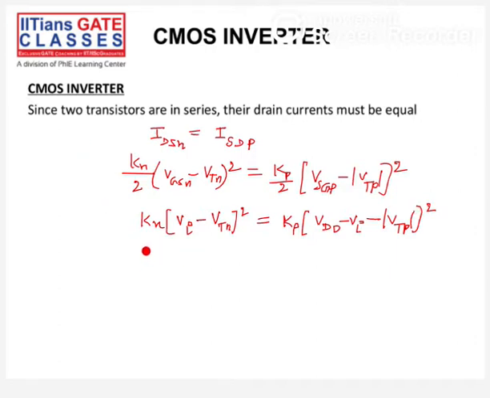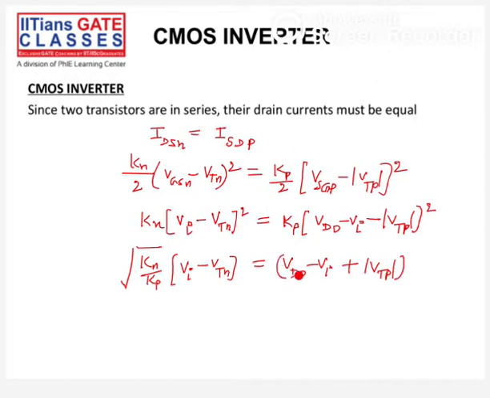We can take the square root of both sides, so we get root of Kn divided by Kp times (Vi minus Vtn) is equal to Vdd minus Vi plus mod of Vtp. This will be like this.